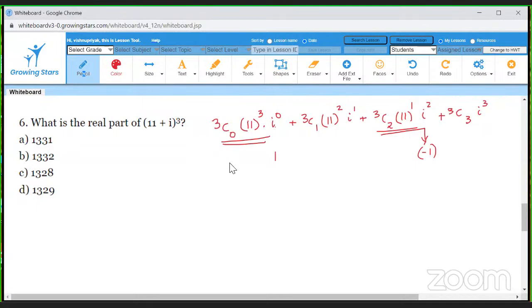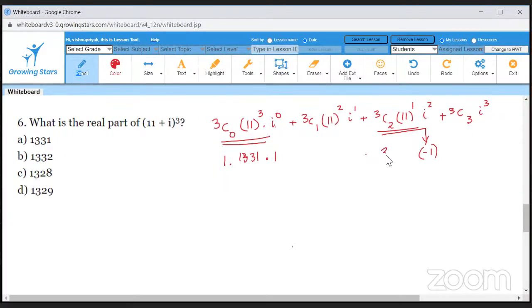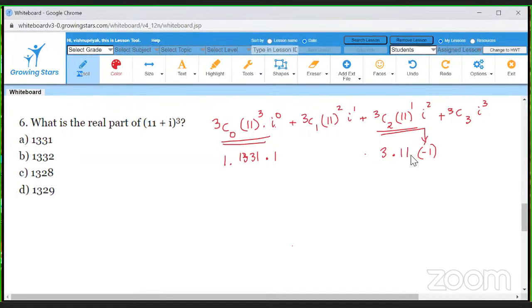So 3C0 is 1, 11 cube. Someone got the answer. Option C. Okay. Let's see. So next we have to take 11 cube, which is 1331. This is the first term. Then 3C2 is same as 3C1. It will be 3 into 11.